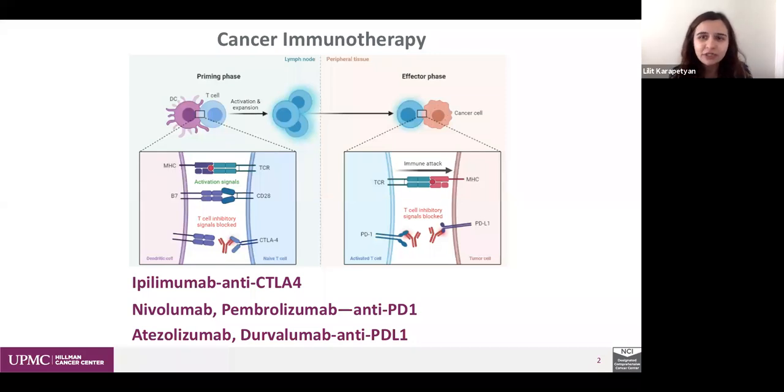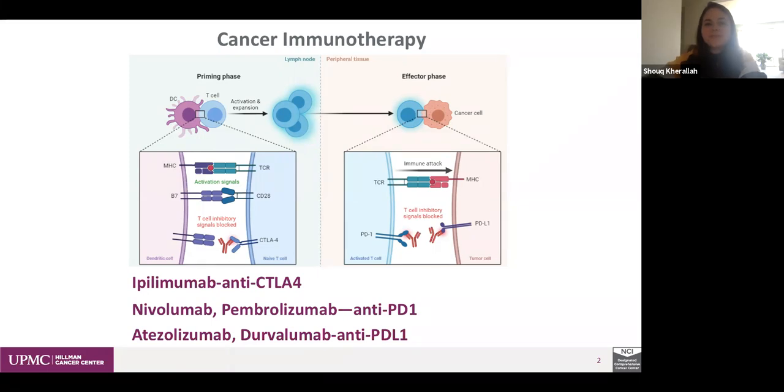For general knowledge, yes, you're right. When you have high PD-L1, you have a high likelihood of response, but remember that it varies from cancer to cancer, and even for some cancers, if you do have a PD-L1 score of 0%, you can still respond to immunotherapy. Thank you so much.